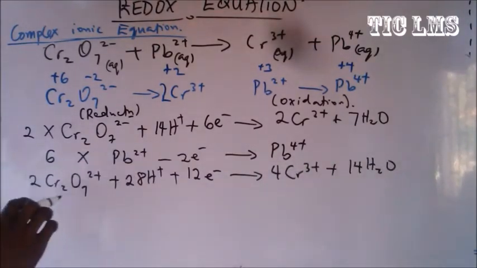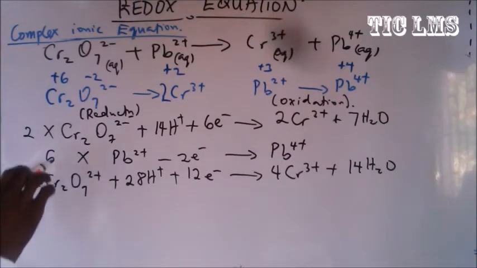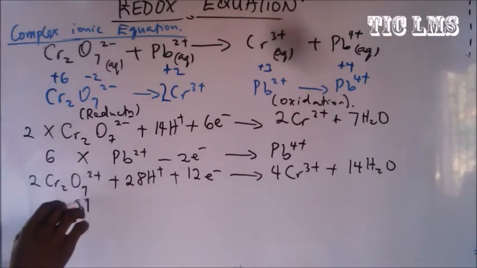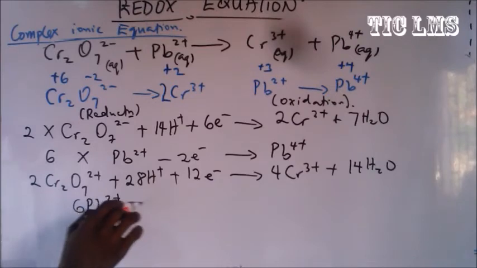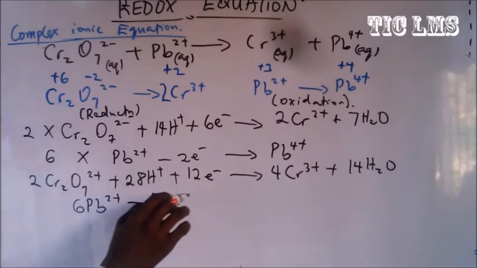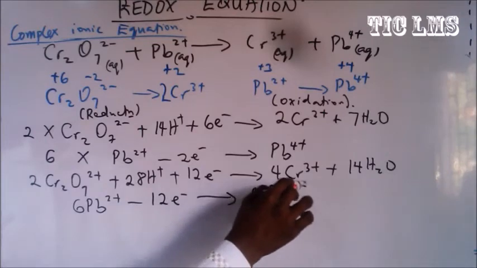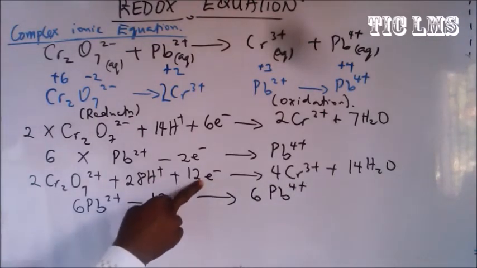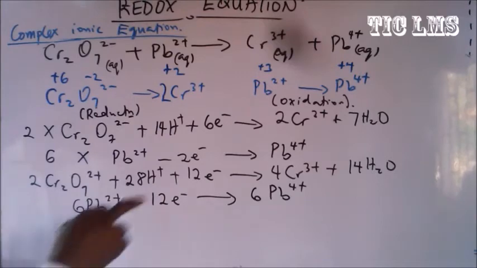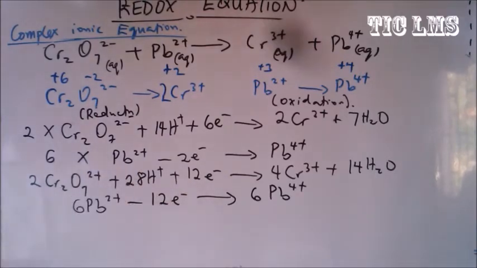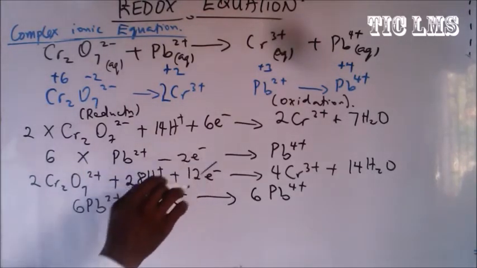For the oxidation reaction, we have 6 times this, that will be 6 lead 2 plus minus 12 e minus to produce 6 Pb4 plus. The electrons will cancel out because we have plus 12 minus 12, so they cancel out.